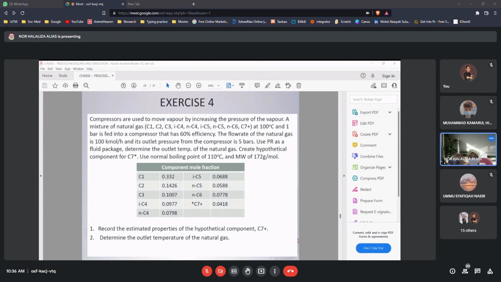Okay, so teruskan kalau ada NC4, type NC4, repeat untuk C5. Okay class, are you done until N pentane?